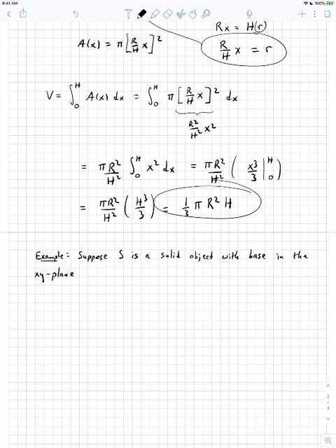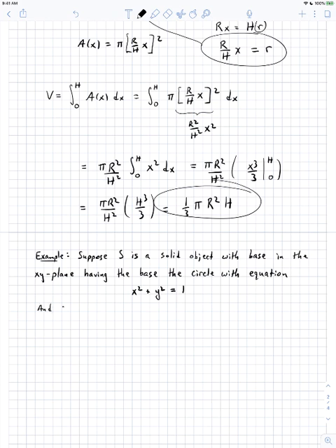So suppose S is a solid object with base in the xy plane having as its base the unit circle, the circle with equation x squared plus y squared equals 1.